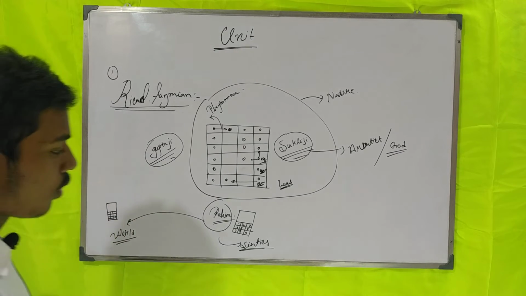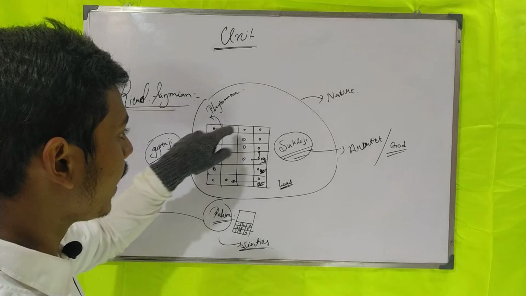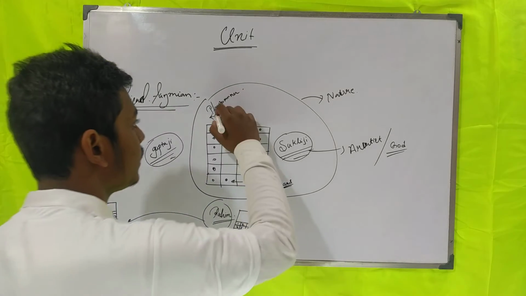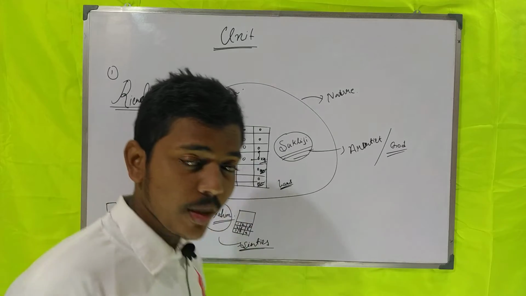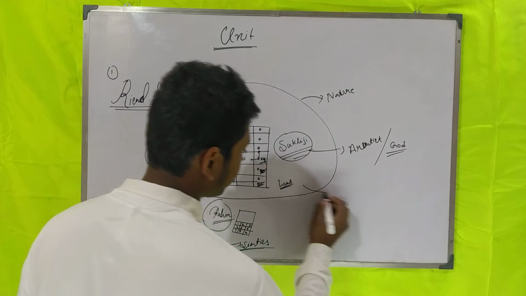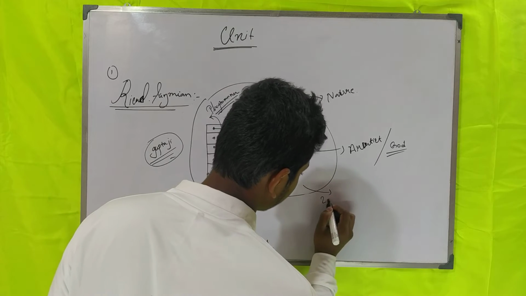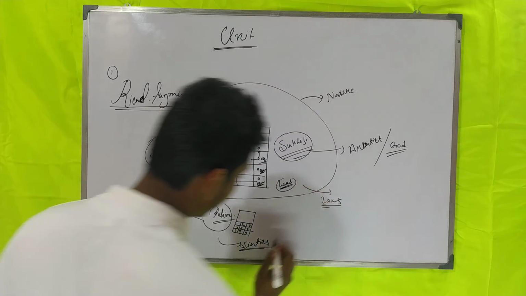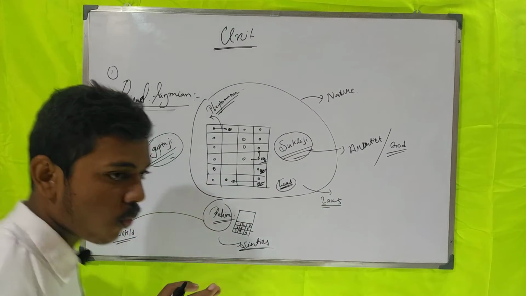There are some things, and these are known as phenomena. Rahim will watch the phenomena and make the laws, and he will tell them to the world.